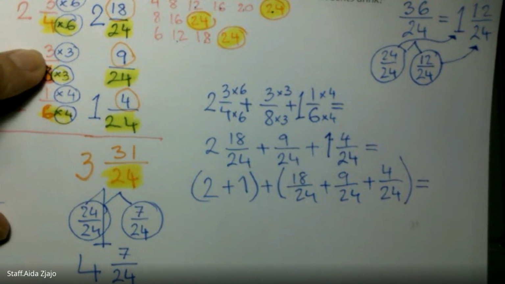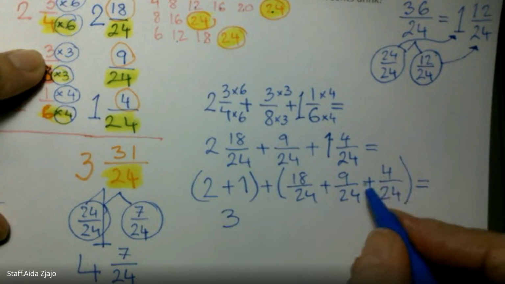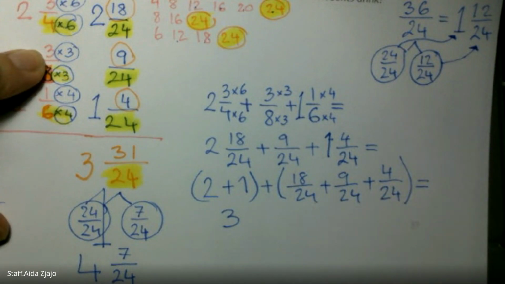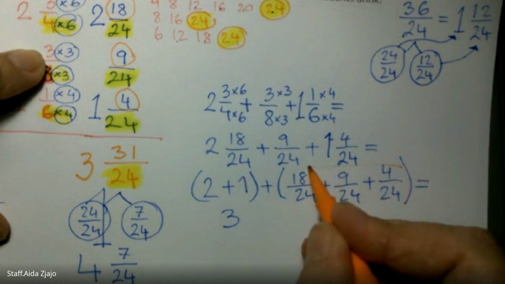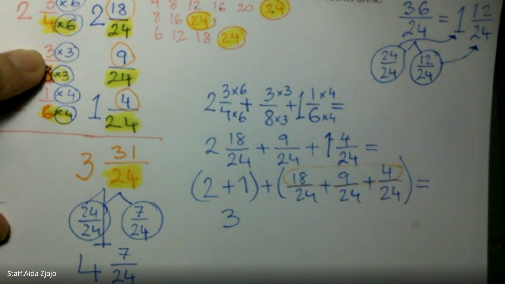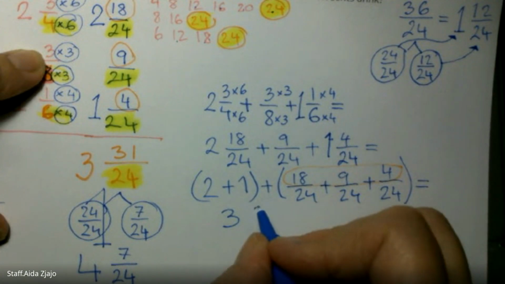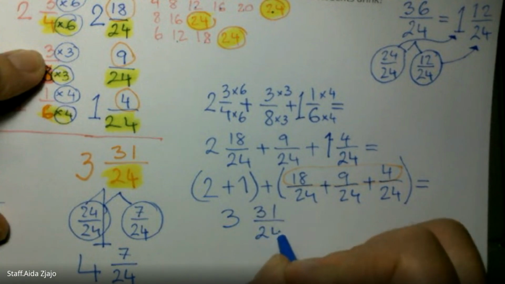That will give me 3 wholes, and adding these together, they will make 31/24.